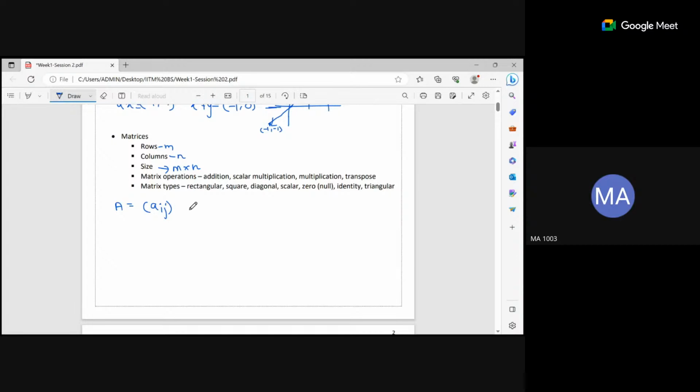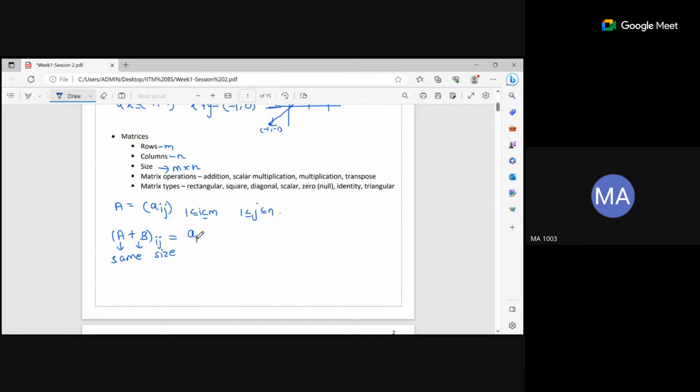So your i varies along m and your j varies along n, right? If you have to add two matrices, both of them first of all should be of the same size, right? When you have the same size, then what can you say about (A plus B)ij? It is Aij plus Bij. So you add entry-wise for matrices.